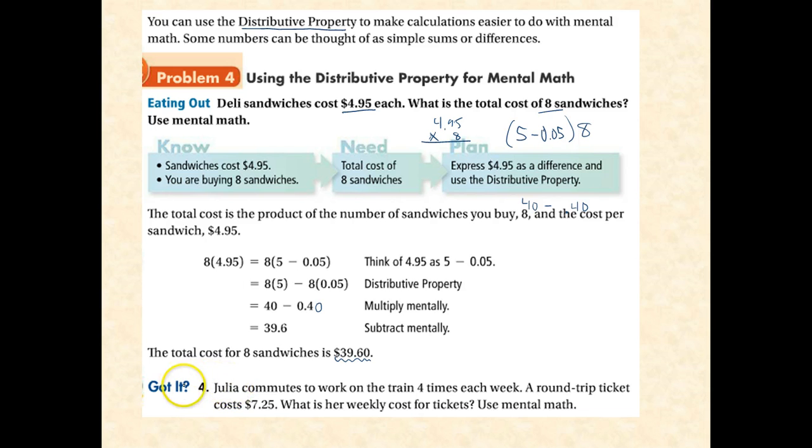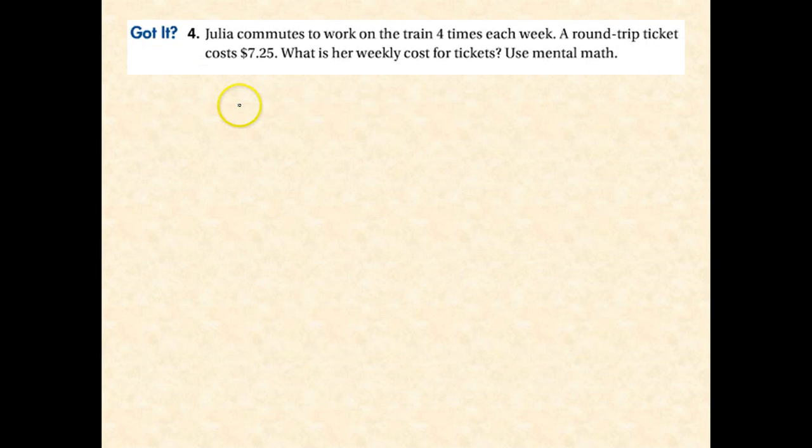So, see if you can figure out number 4. Push play. Well, first push pause, then push play when you're ready to see the solution. Alright, so Julia commutes to work on the train 4 times each week. A round-trip ticket costs $7.25. What is her weekly cost for tickets?